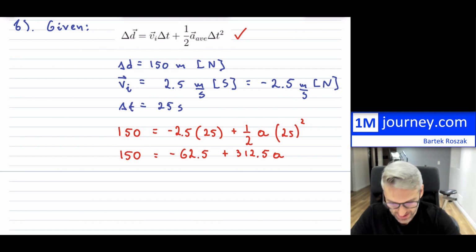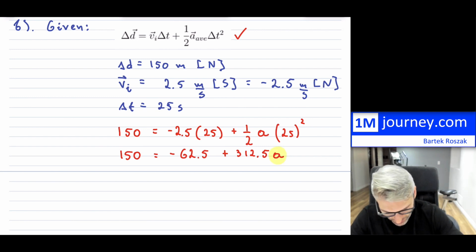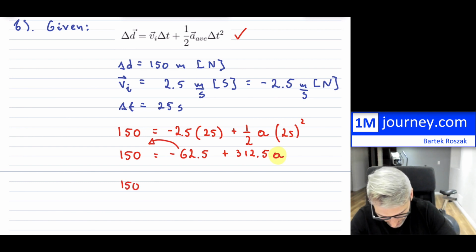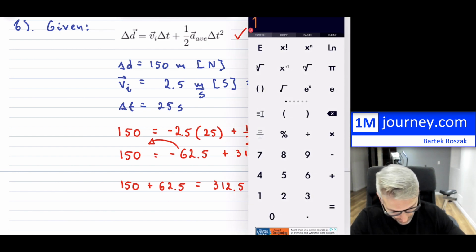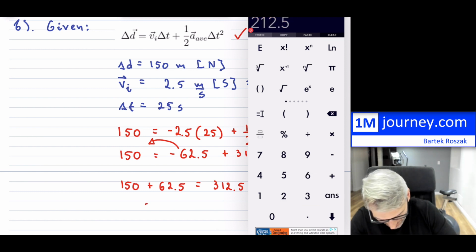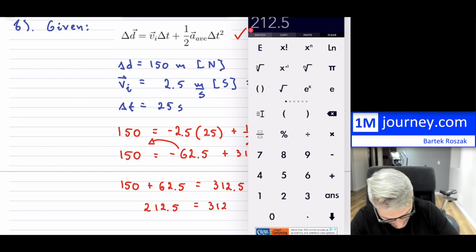So now I have to isolate and solve. I have to be comfortable in solving for this a. I'm going to be moving this over to the other side, so that's going to be 150 plus 62.5. The sign just changes. And then I have 312.5a. And so that is 212.5 equals 312.5a.